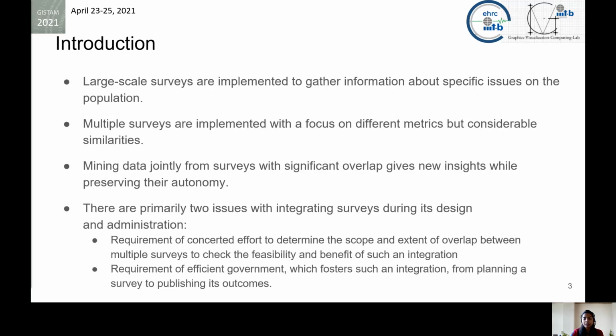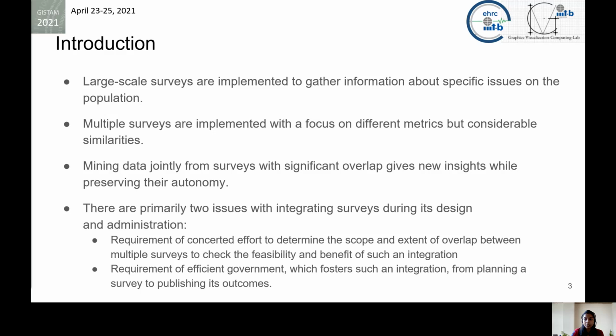Large-scale surveys are implemented to gather information about specific issues on population. However, conducting national population surveys for low and middle income countries with high population density becomes challenging. Some of the surveys tend to overlap in outcomes with spatial, temporal, or both scopes.